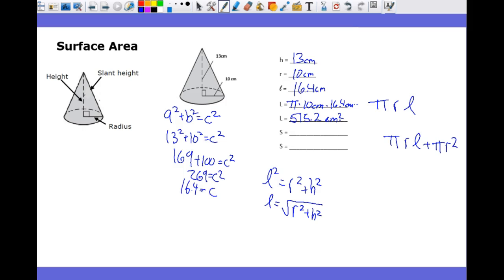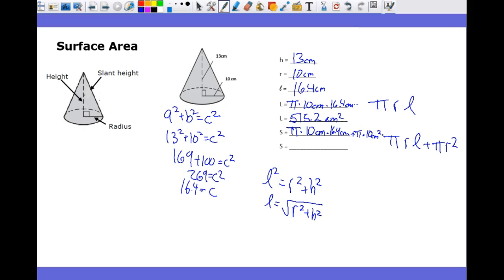Okay. We need to plug this in here. Pi times r, which is 10 centimeters, times slant height, which is 16.4 centimeters. By the way, that's this, plus pi times 10 centimeters squared. Well, it's not as bad as you think it is because we already know this part is 515.2.